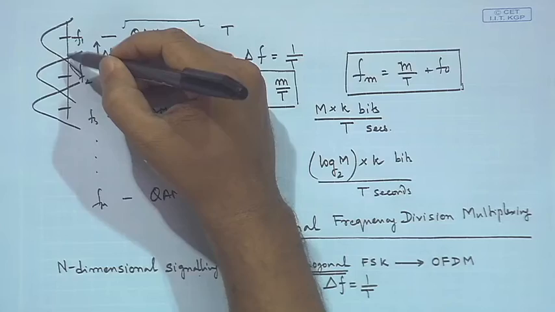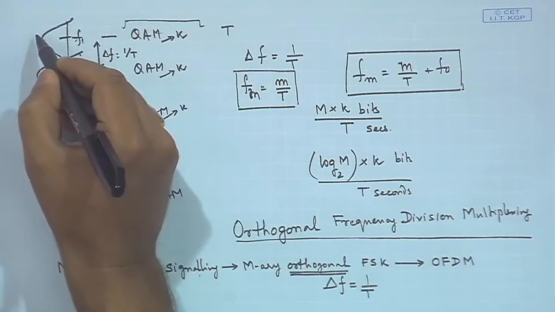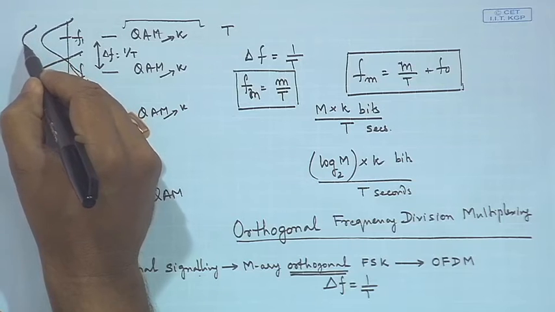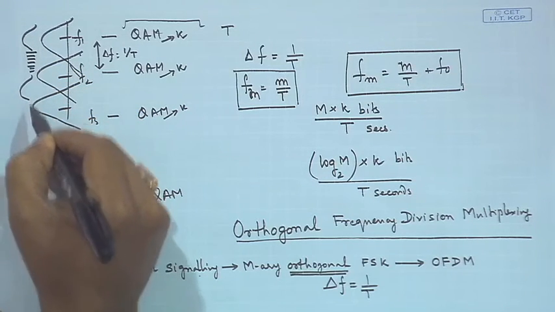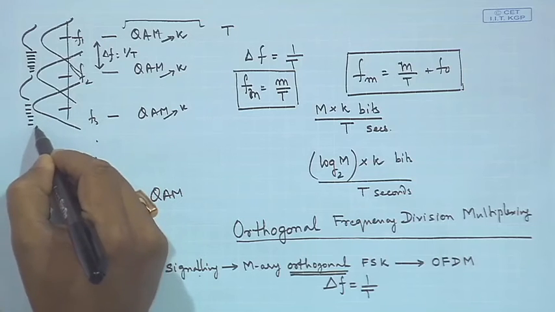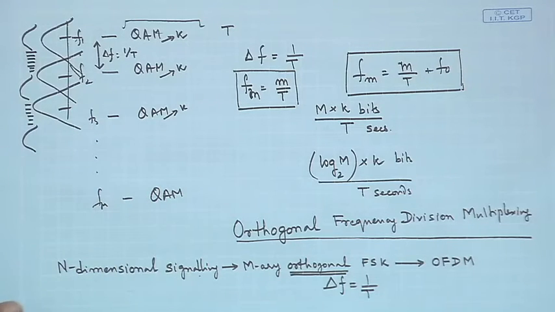Because if you had a frequency separation, you would have used a frequency over here, some guard band, and then another frequency, some guard band, then another frequency. So, your efficiency of using the spectrum would have been less.